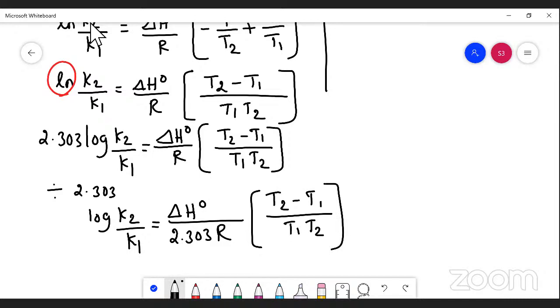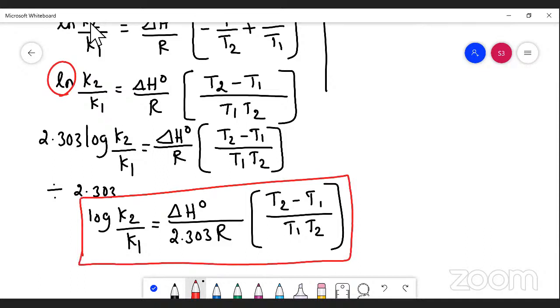Now this relationship is called the Van 't Hoff equation, and this Van 't Hoff equation we are going to apply to problems. Already I told you, this is a relationship between the equilibrium constant K and the temperature. Here we took two equilibrium constants, K2 and K1, log K2 divided by K1, and two different temperatures, T1 and T2.